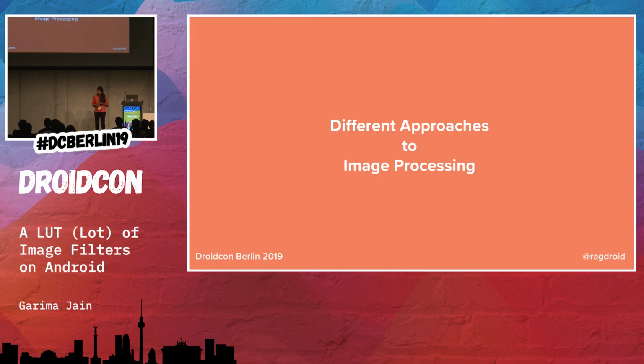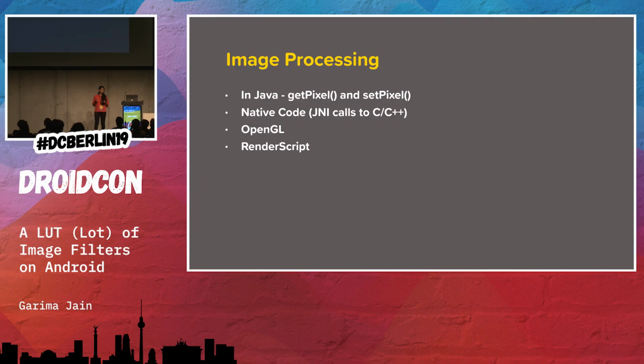So that brings me to the different approaches to image processing, which these talks mention, but I'll still hint upon them for a brief moment. First one is the Java API that I just mentioned, getPixel and setPixel. Then one could also create filters in C, C++, but those are not so machine independent, and we cannot create them for all sorts of Android devices that we have.